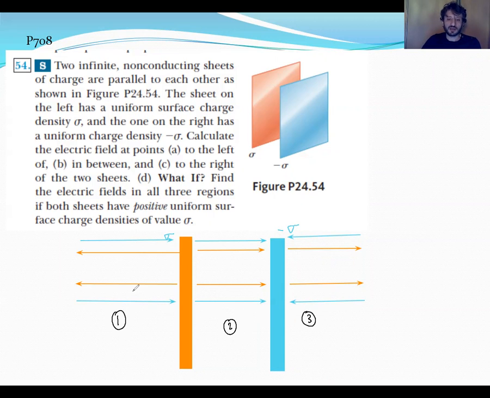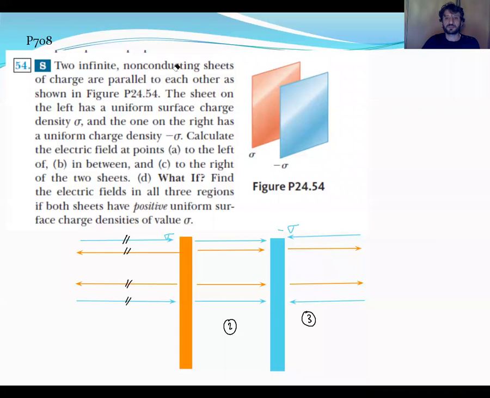On side 1, as you see, the fields created by the positive sheet and the negative sheet are opposite, so each one will cancel the other. We don't have a field on this side.